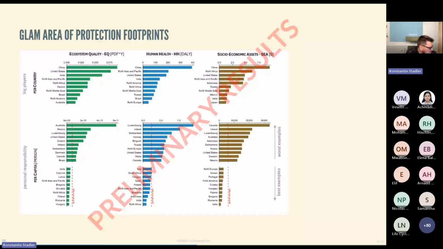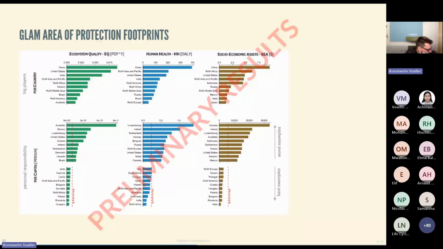Not so much surprising here. The biggest countries have the highest footprints here, so China, United States. We see, for example, the rest of the world, Africa, in the socioeconomic assets that are $1 trillion, by the way. And in the second row, we then calculated these footprints per capita.